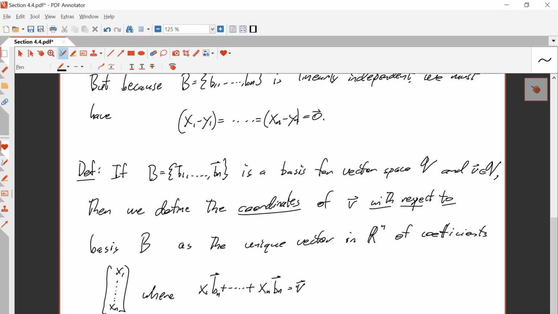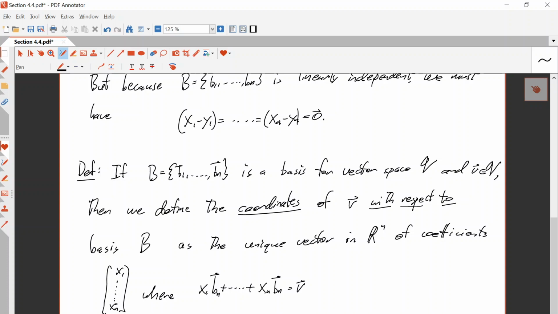So given a basis for a vector space V, the vector v in that vector space can be thought of as a vector in Rn. Remember what I was saying before, that every vector space is really just Rn in disguise. And this is basically it, because once you pick a basis, you've got it as a vector in Rn.